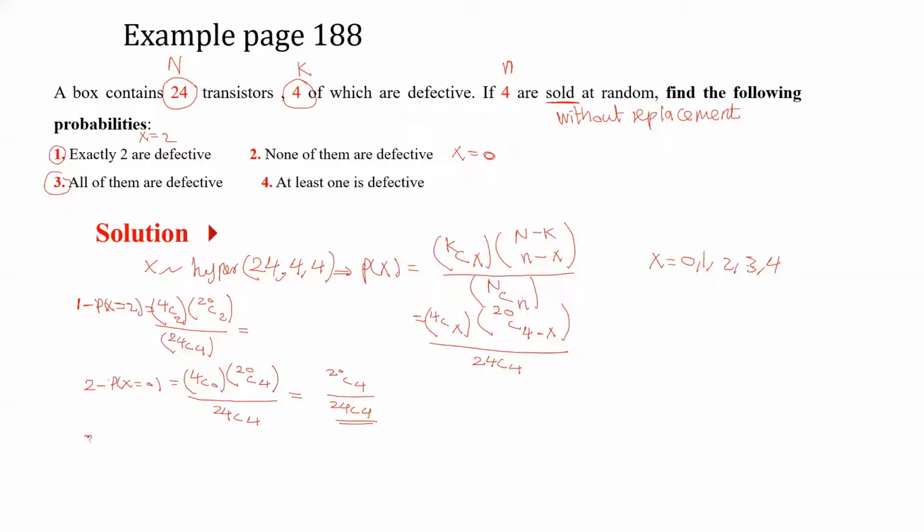Question 3: all of them means X equals 4, because we have 4 and we sold 4.